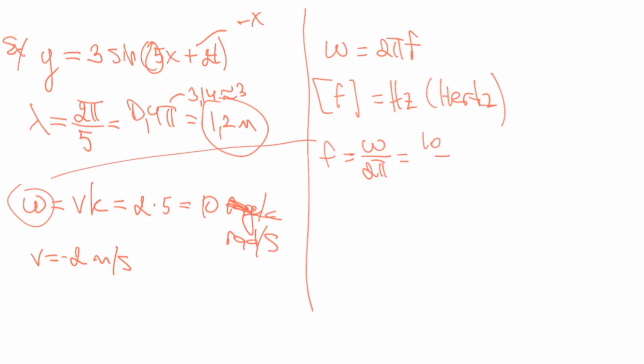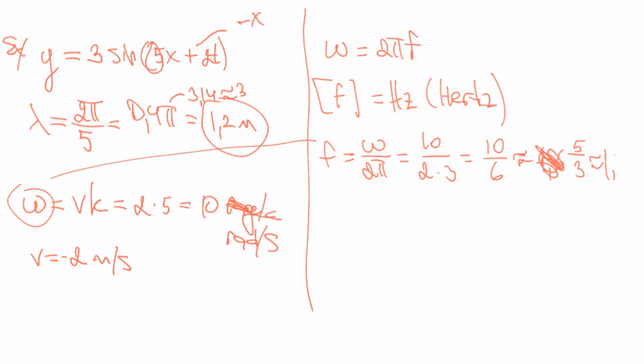That is 10 over 6, and that will be approximately 1.66. You may denote it as a rational number. Usually, if I simplify it, it is 5 over 3, and that will be approximately 1.7 hertz.